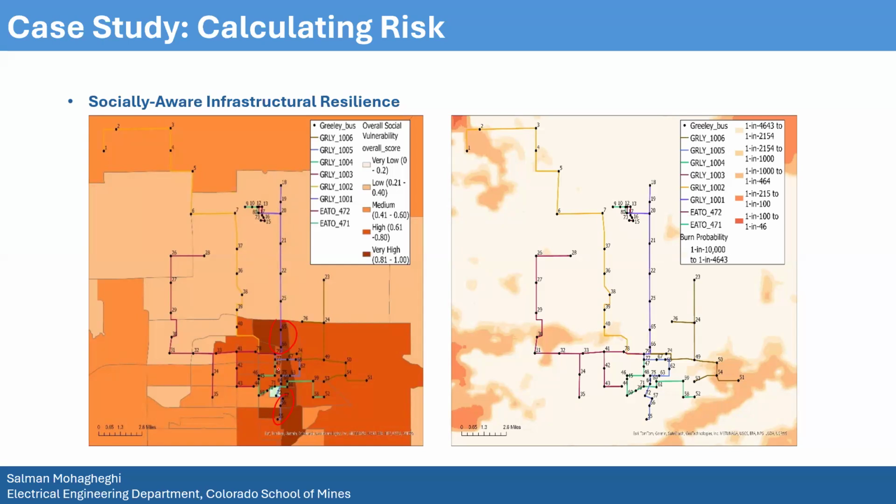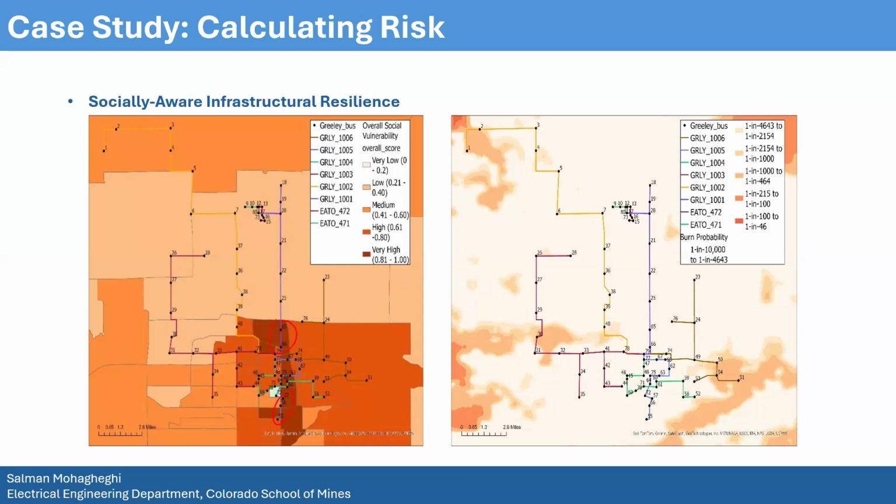Now we consider all this combined within a unified framework. We know where the risks are in terms of what circuits and feeders are likely to be impacted by the wildfire based on the probability. So that's the first component of risk. And then we also look at the consequence. So if a certain circuit is impacted and is out of service, what is the size of load that is going to be lost considering the social vulnerabilities of the customers that are connected to that node?